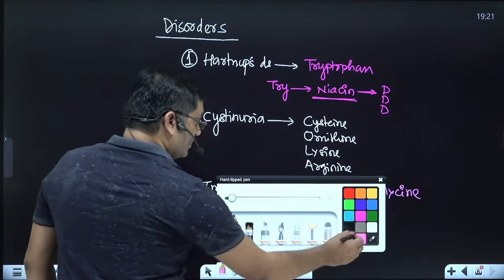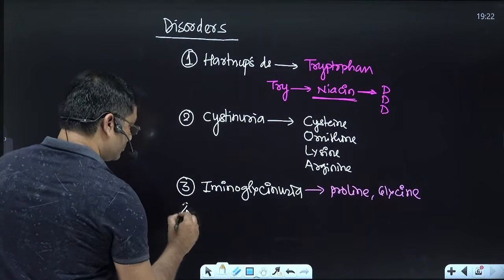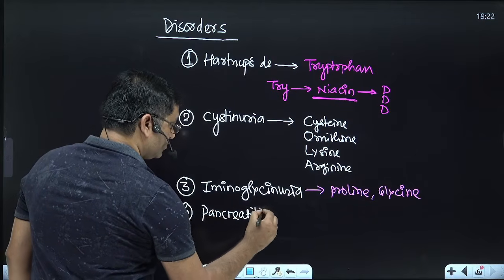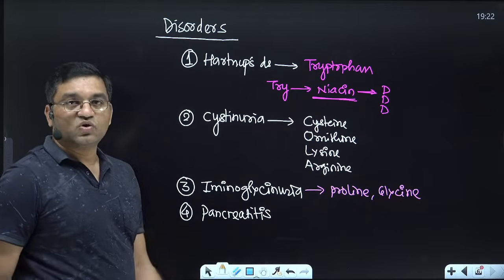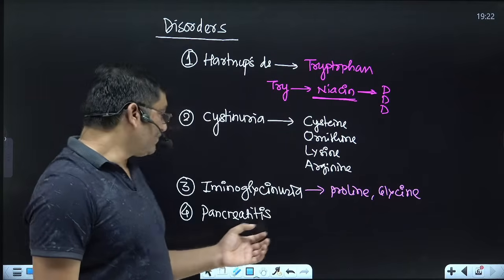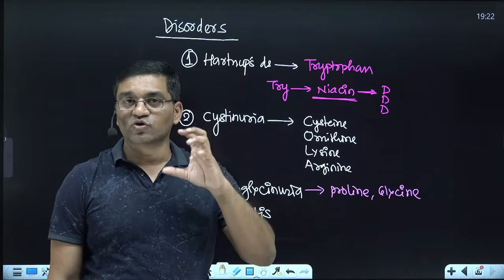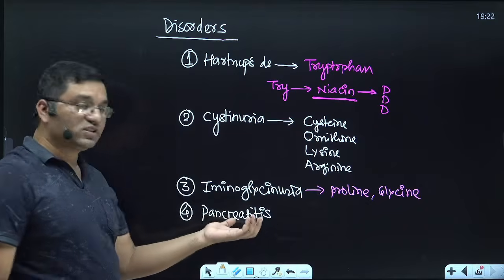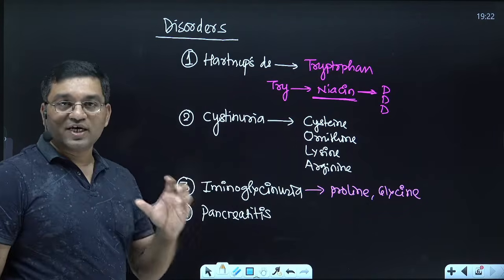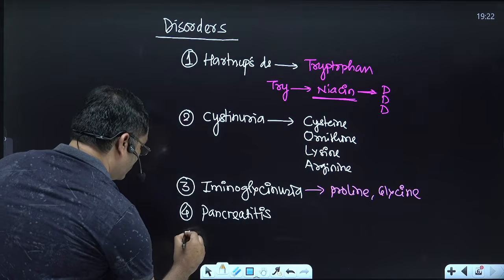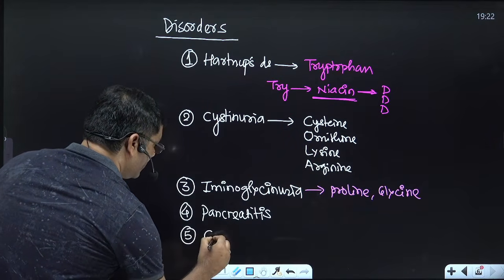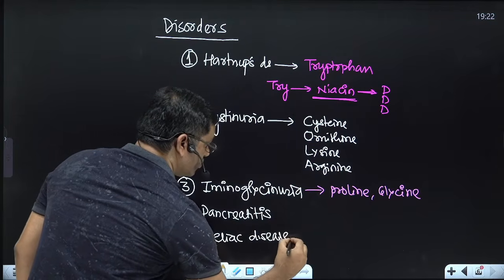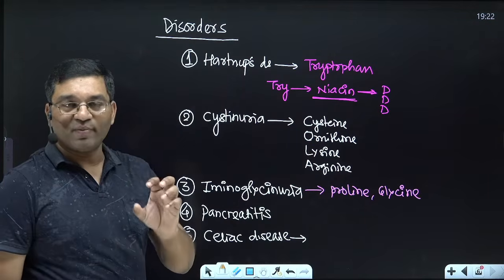Then the fourth one is pancreatitis. Inflammation of the pancreas causes malabsorption because it affects the pancreatic secretion, which is important for protein digestion. So pancreatitis and cystic fibrosis are particularly involved in the malabsorption of protein. And the fifth one is celiac disease, also known as protein losing enteropathy.